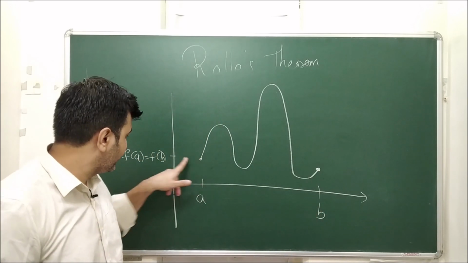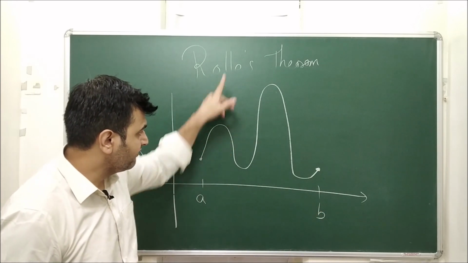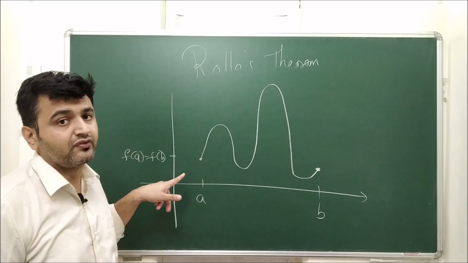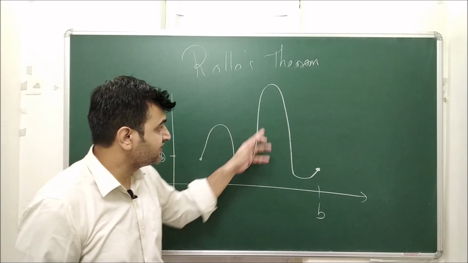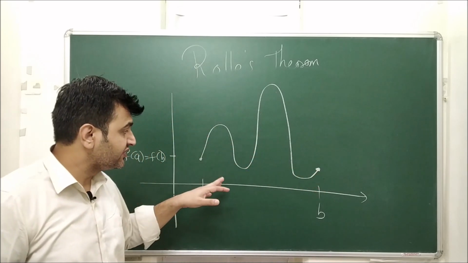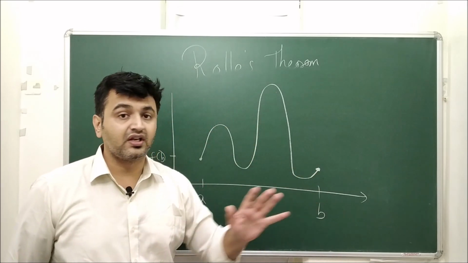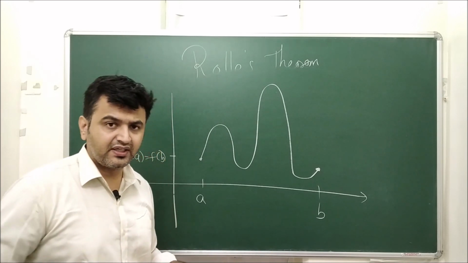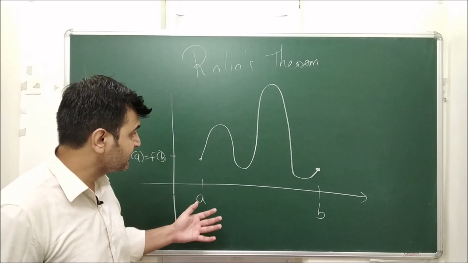If it starts from f(a), wherever it goes, it should end on the same line because f(a) is equal to f(b). It is continuous, that means there is no break, and it is differentiable, that means the graph is smooth. All these things I have talked about in my earlier lectures, so you can visit them.